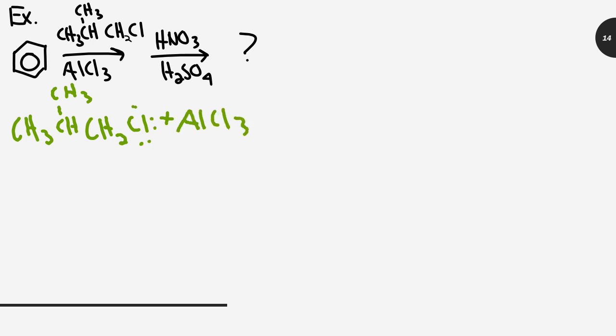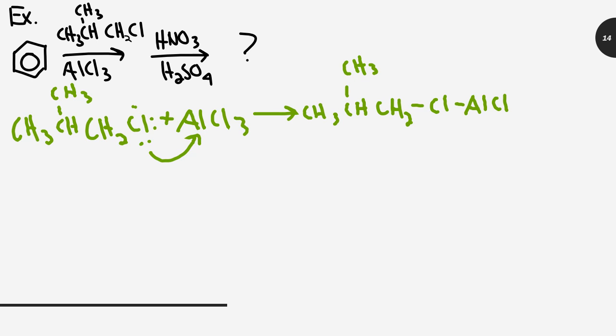lone pair of electrons from chlorine will attack the aluminum. Put a negative charge on the aluminum, positive charge on the chlorine. So if I broke this carbon-chlorine bond now, that would make a primary carbocation, which can't actually be formed, but I have the option to rearrange. So this middle carbon here has a hydrogen.